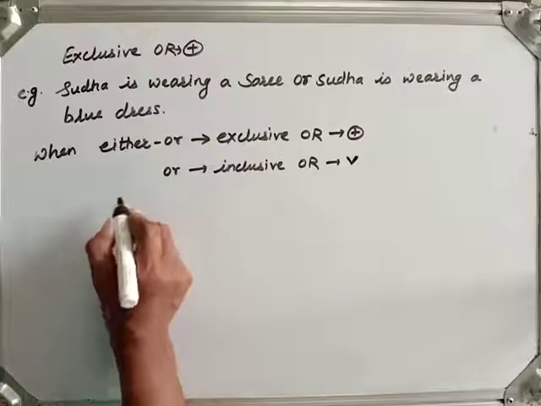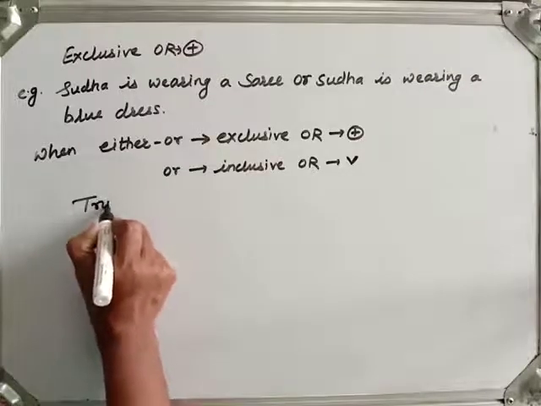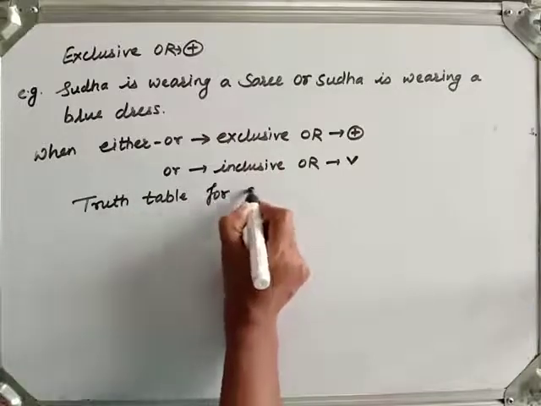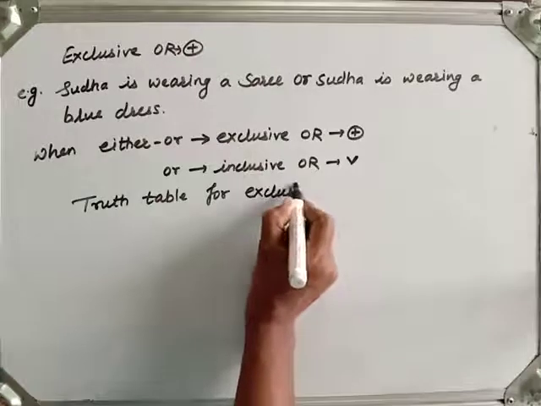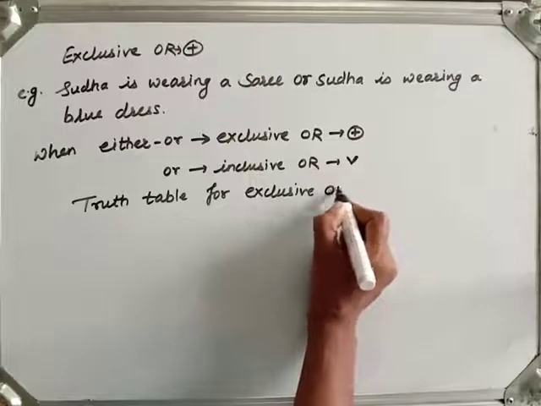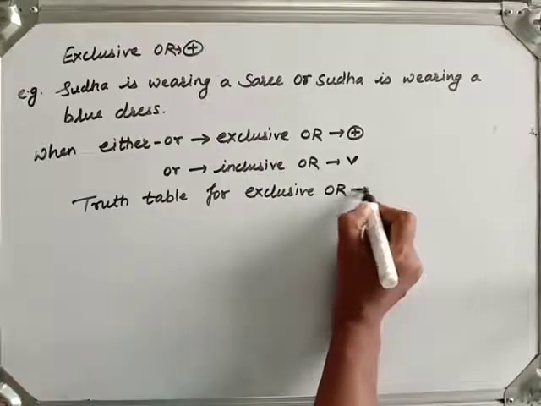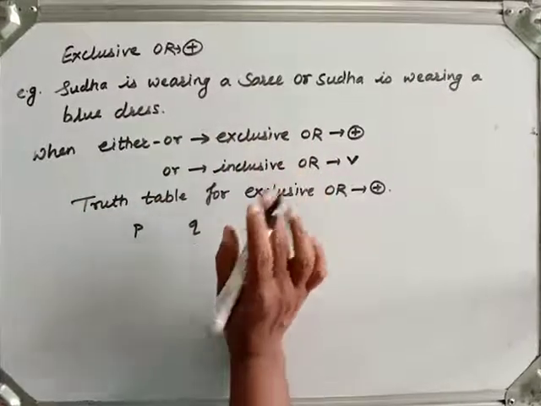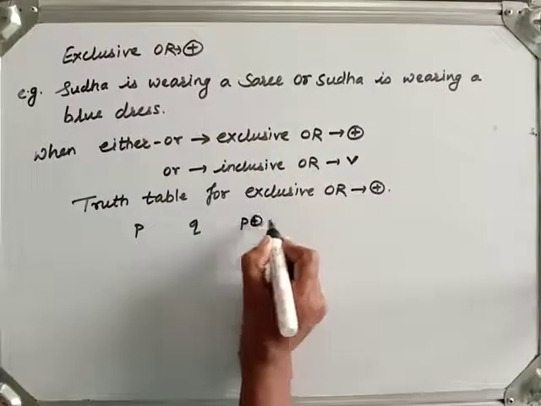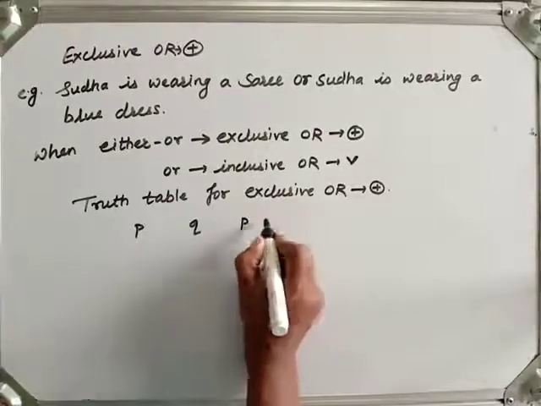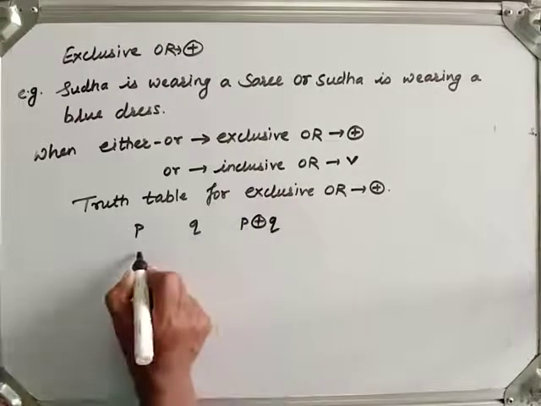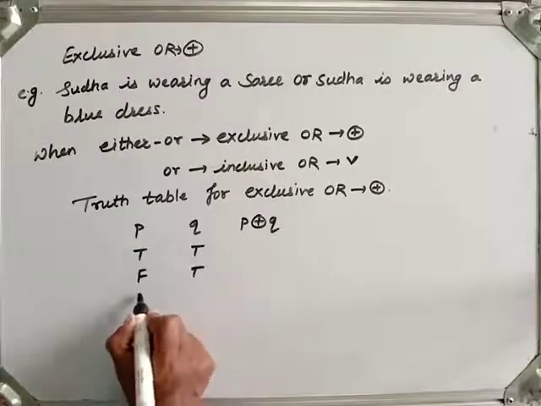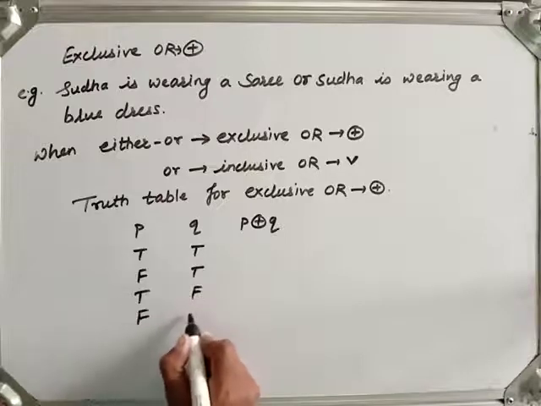Now the truth table for exclusive OR. Let me write the truth table for exclusive OR, that is for this notation. Here P, Q are two statements connected using exclusive OR. Again these are either true or false: true true, true false, false true, and false false.